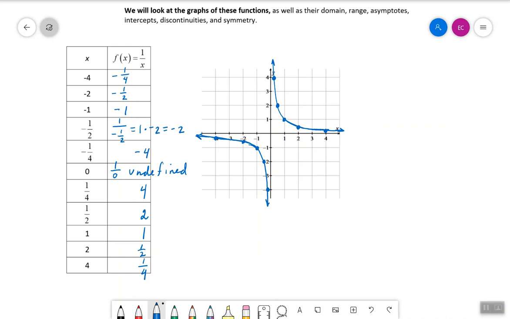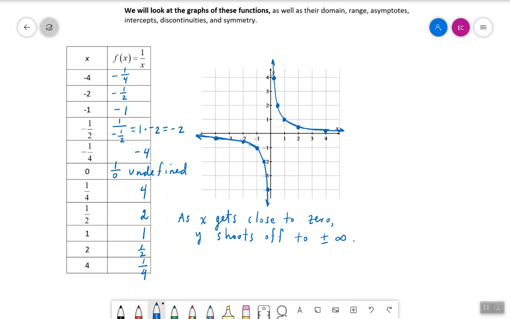Okay, so let's talk about this behavior one more time. So what did we say here? First we said as x gets close to 0, y shoots off to positive infinity on the right side and negative infinity on the left side.